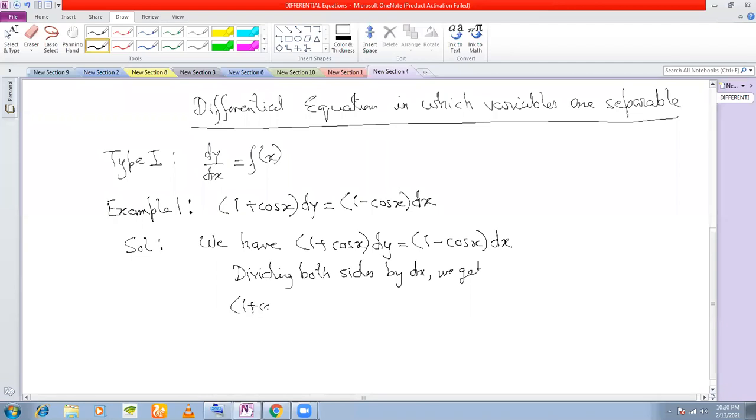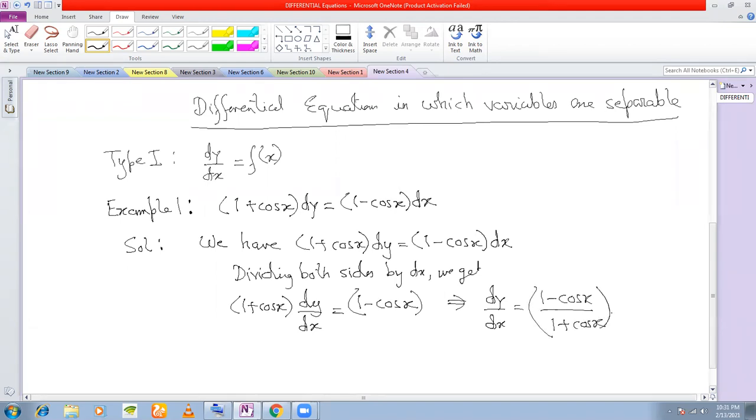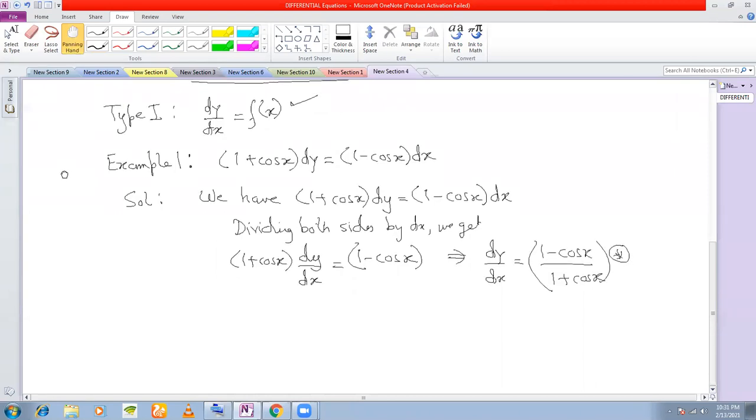We get (1 plus cos x) dy dx is equal to 1 minus cos x, isn't it? That means dy dx will be (1 minus cos x) by (1 plus cos x), right? Now you see, is this equation that we are getting, is this of this type? dy dx as a function of x only. Just check. Are we getting dy dx is some function of x?